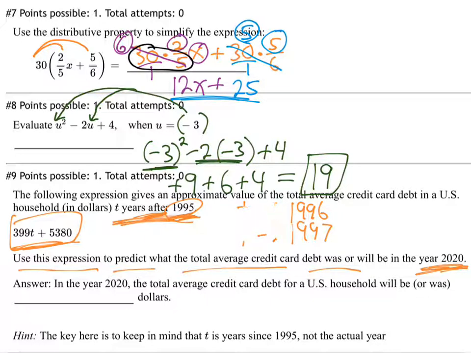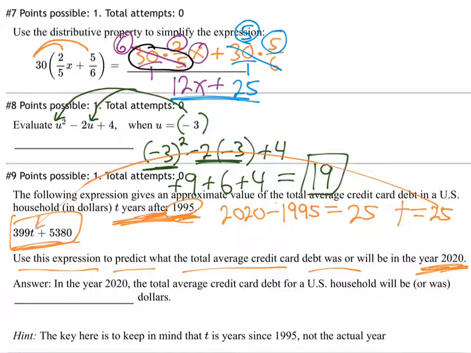So if I take the year 2020, our current year, and I subtract 1995, what is that going to be, 25? 25, so that's 25 years after 95. So plug in T equals 25 to this formula right there.